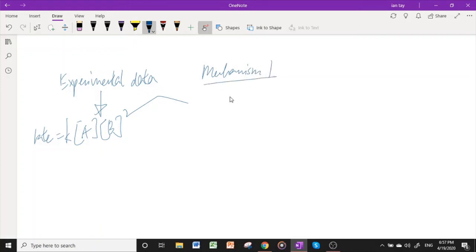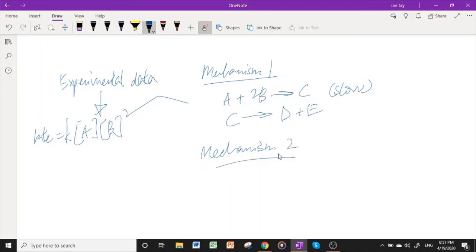Okay, the first mechanism maybe is A plus 2B gives you C, C gives you D plus E, and then the slow step is the first step. And then mechanism 2, I just do a very simple illustration: 2A plus B gives you F, F gives you G. Normally it's the same products, D plus E. And then they tell you that this is the slow step.